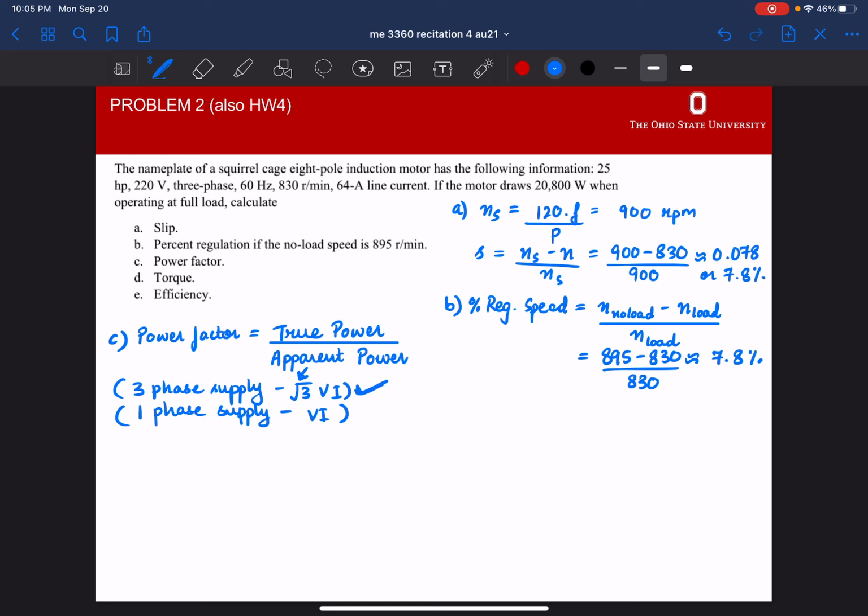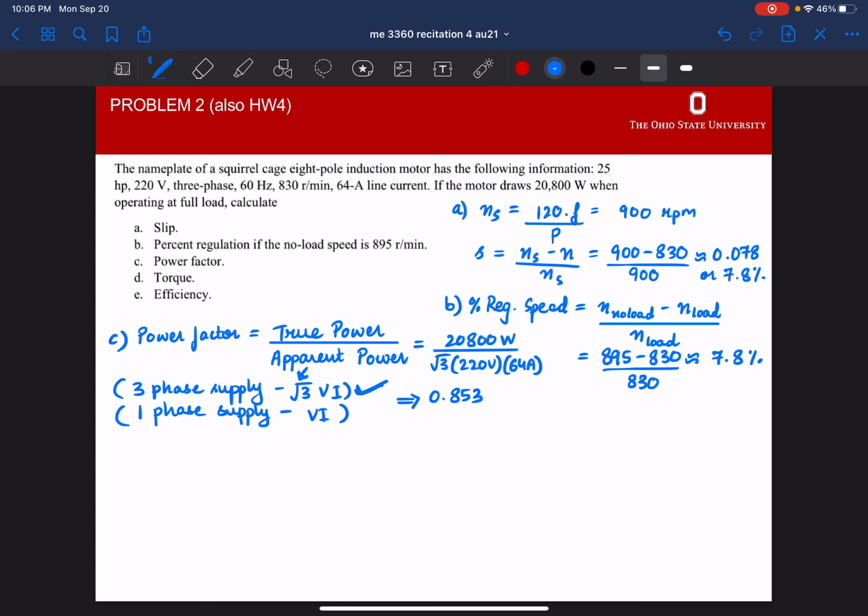So for this case, we need the three-phase supply expression, and plugging in those numbers over here, we would have 20,800 watts, and then in the denominator we would have √3 times 220 volts times 64 amps. And finally this would give us the power factor as 0.853.